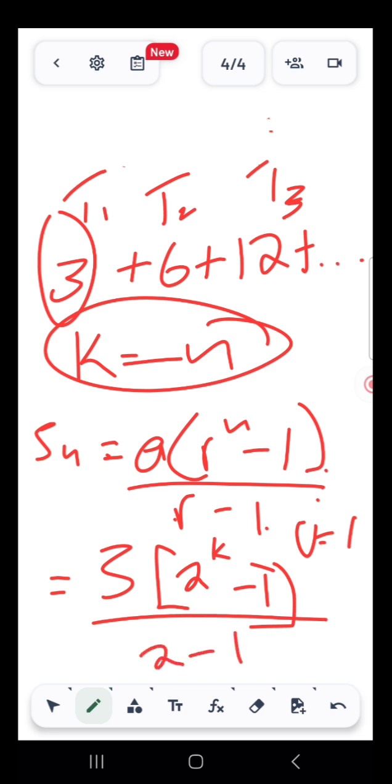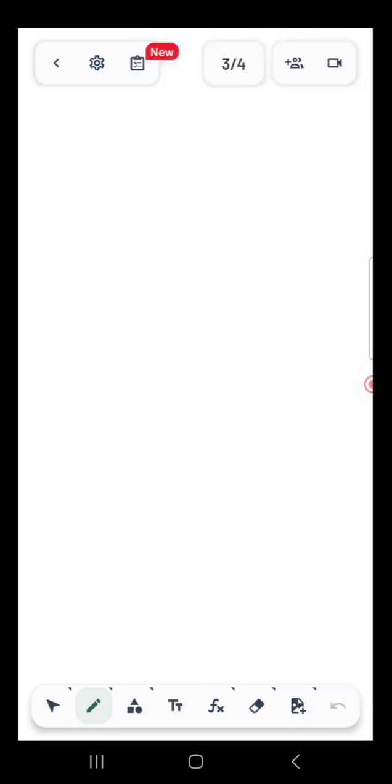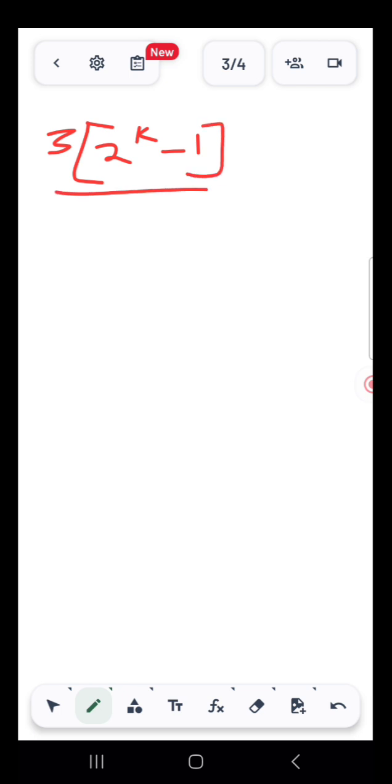Now we can equate it, because they've already told us what our sum is equal to. So we have 3 big bracket 2 to the k minus 1, all over 2 minus 1, which is 1, equal to 98,301.